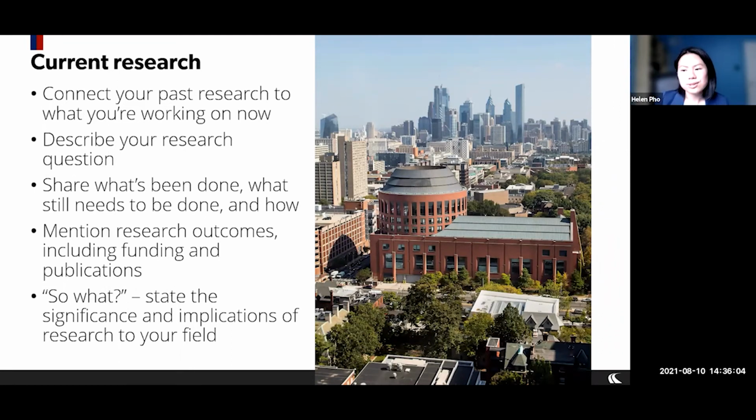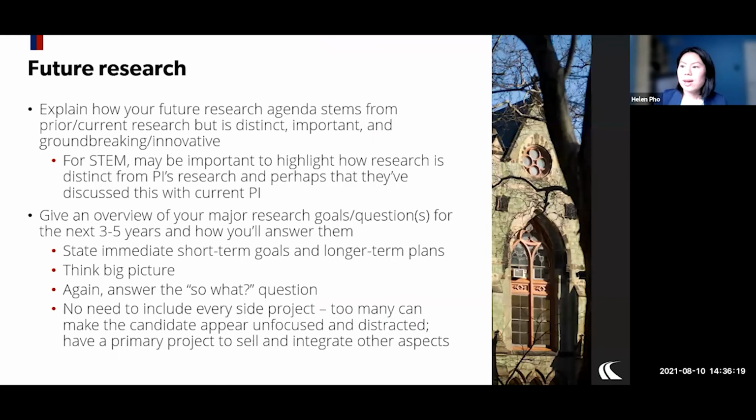Again, the so what question is really important to answer. So stating the significance and the implications of this research to your field has to be very clear in this part. So as you move on to talking about the future research, there's a lot more to include in this future research section.